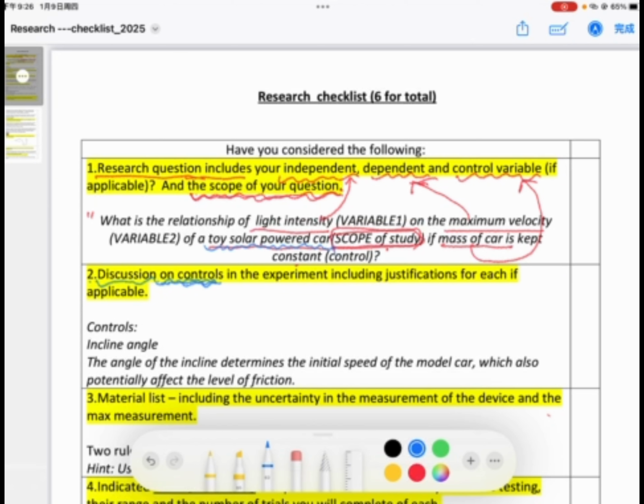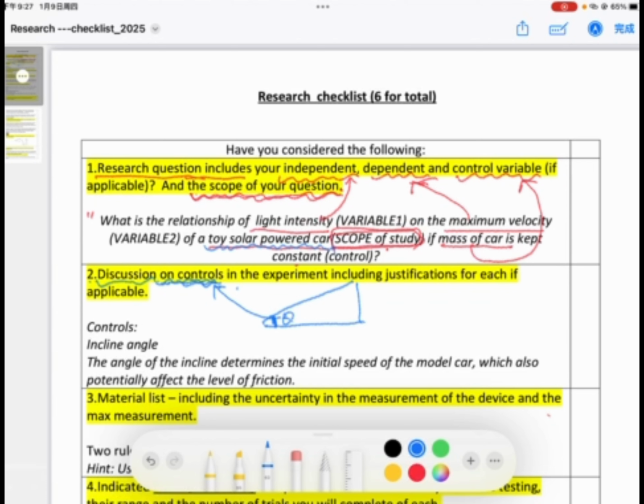Usually there will be more than one control variable in your experiment, and you should discuss how to control each control variable, what kind of steps and strategy you use. For example, if you're doing an experiment and you need to keep the angle of the slope constant, say this is your control variable, right?